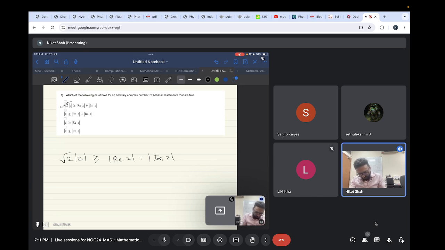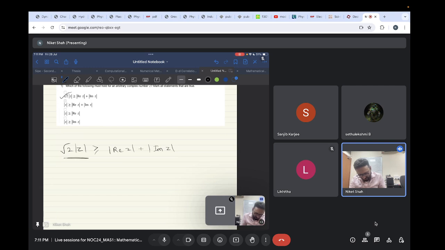Okay. So for this inequality, let's look at the left hand side. z is normally real part of z plus i times imaginary part of z, of course. This is my z. So mod z is equal to square root of real part of z the whole square plus imaginary part of z the whole square. Sorry, here there will be an i as well.